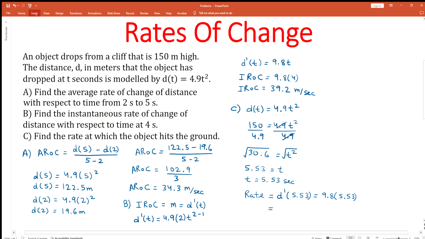I get 54.2 rounded to one decimal place and the unit is meters per second. This should be the rate at which the object hits the ground. This should be the final answer for part C.